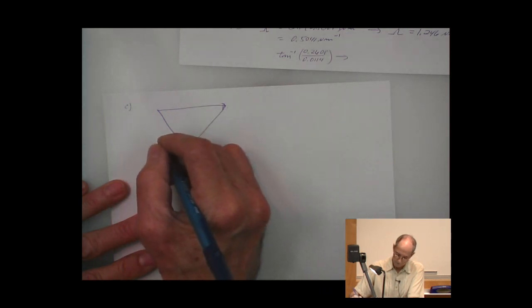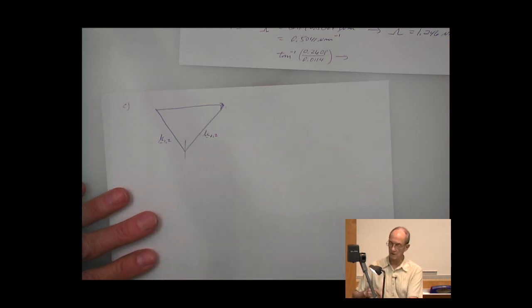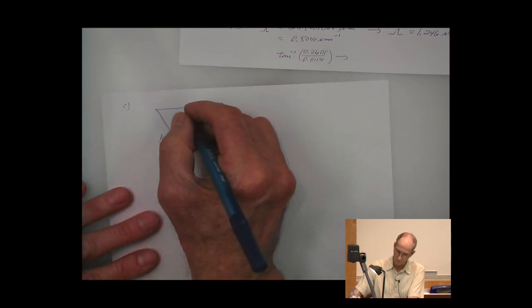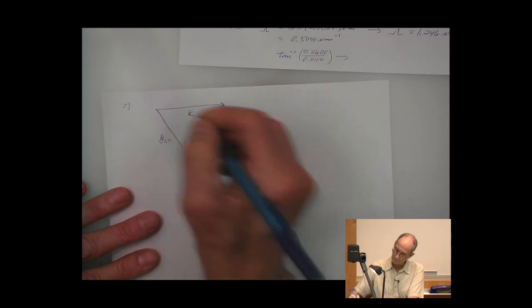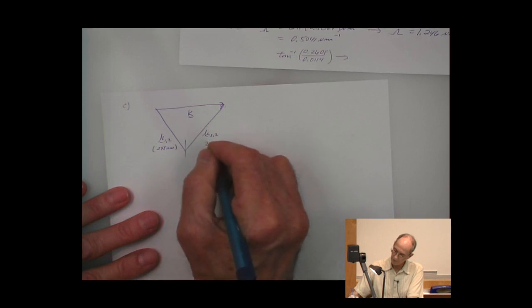So this is the construction K11 and K12 for those propagation vectors, and this is our K. And again, this is at 248 nanometers.